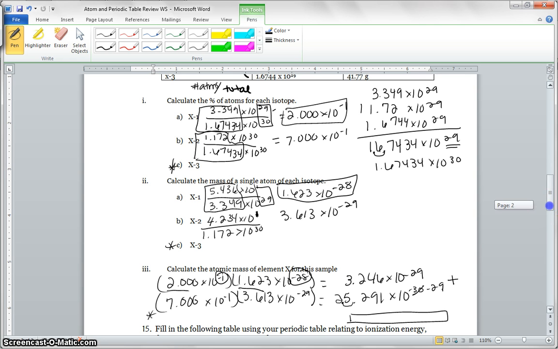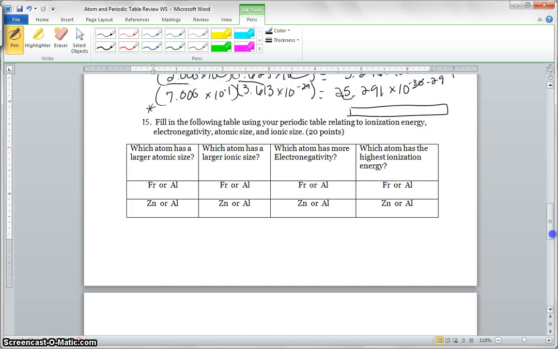The next part: looking at your periodic table, you should be able to tell me how the electronegativities go and how the trends work with ionic radius, atomic radius, atomic mass, all of that good stuff. We know electronegativity is going to increase as we go over and decrease as we go down.